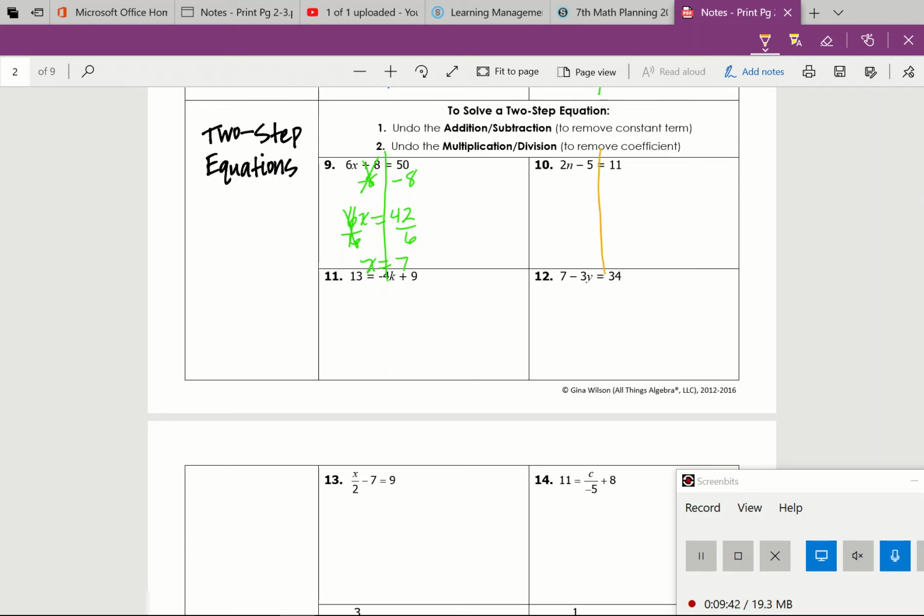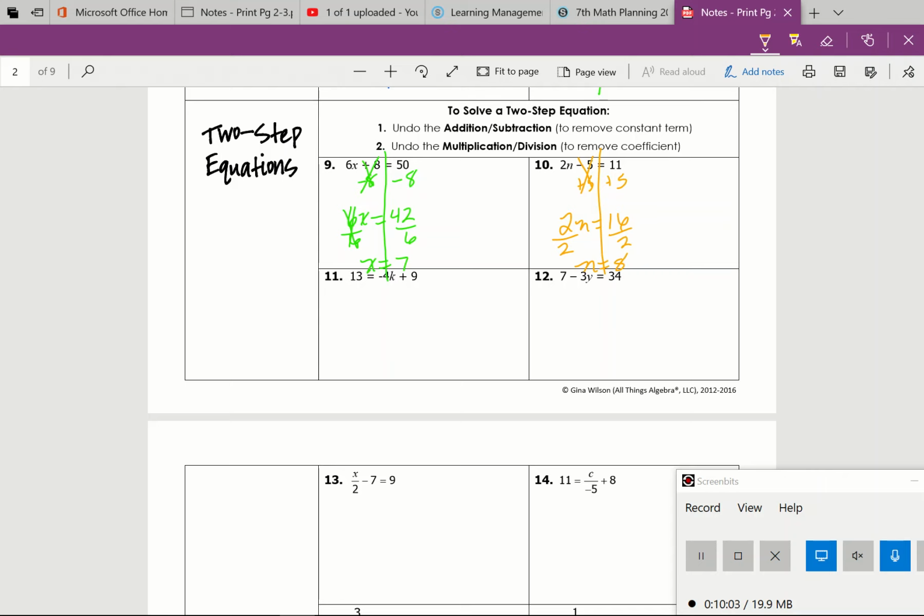So addition and subtraction, I'm going to plus 5 both sides. That leaves me with 2n equals 16. And then I'm going to divide by 2. n equals 8.